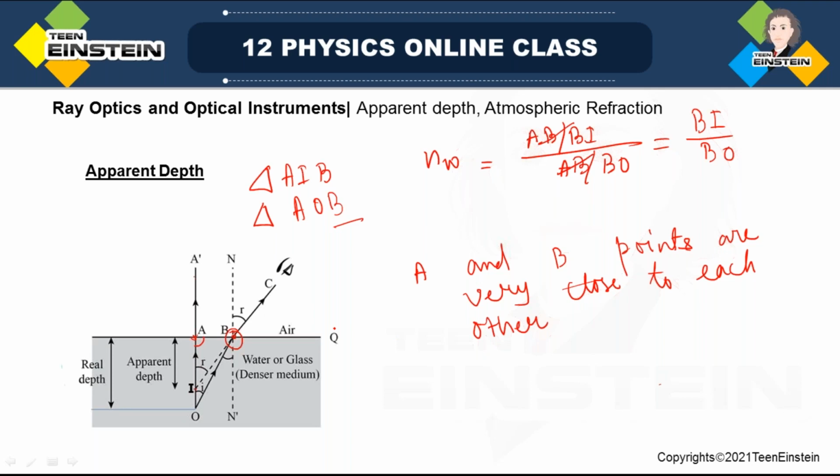Then only you will be able to see these two refracted rays together. So at this particular condition, what we can write? We can write BI is approximately AI, and BO can be written as approximately AO.